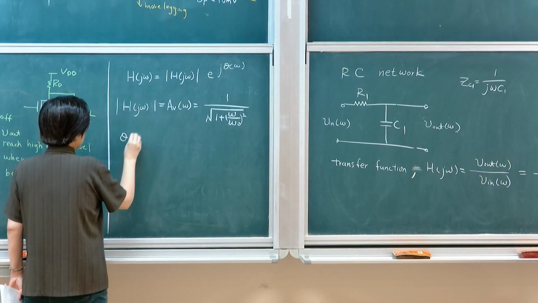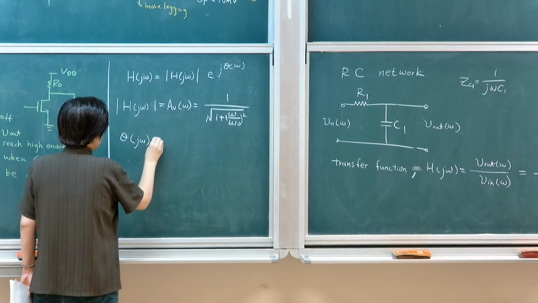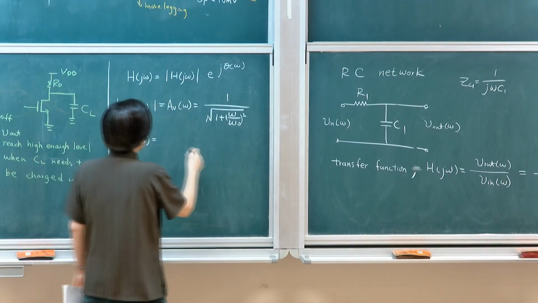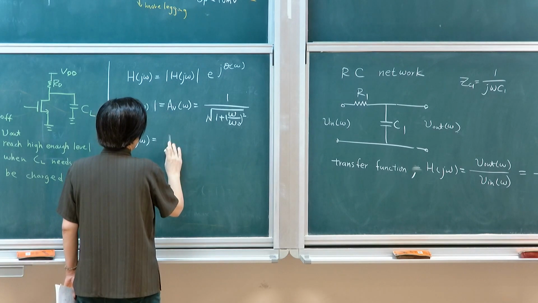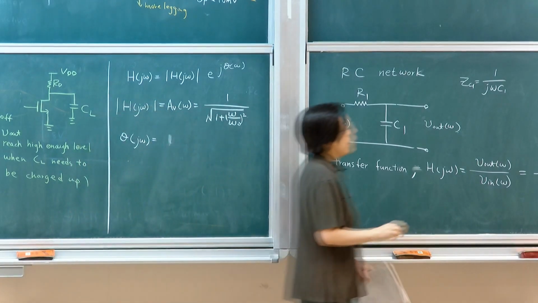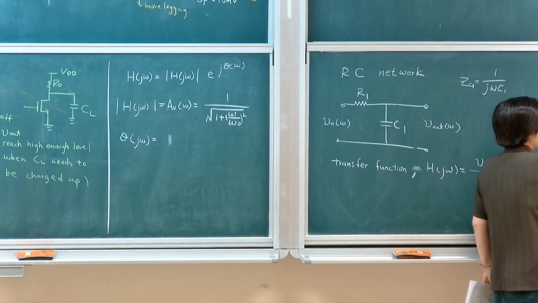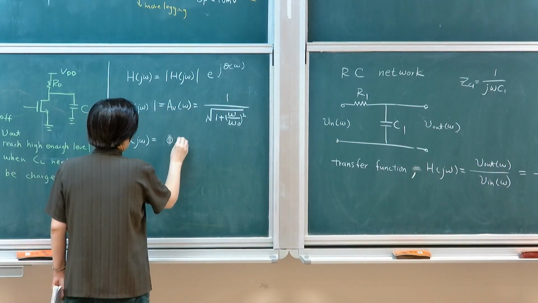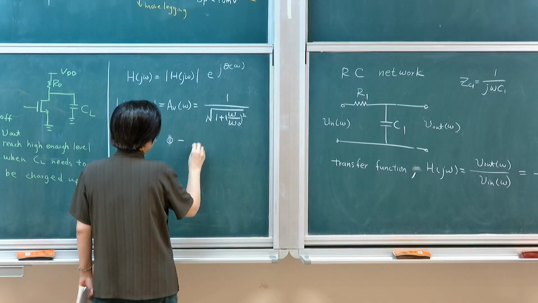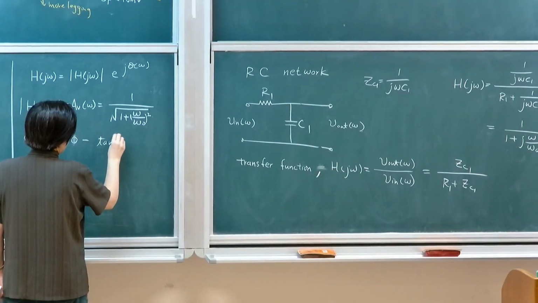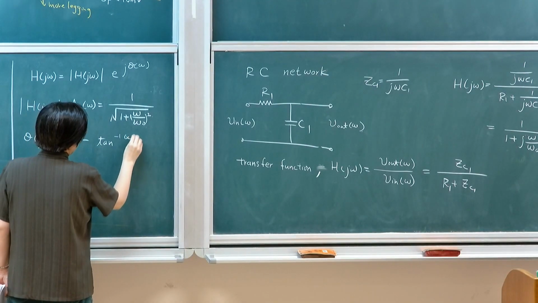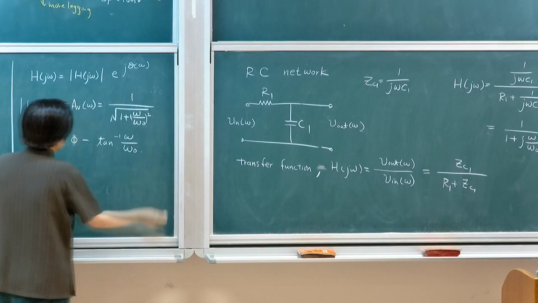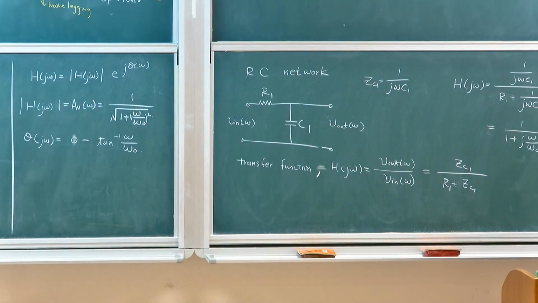And for the phase component, because it's a fraction, the phase of the numerator is 0, and the phase of the denominator is minus arctangent of omega over omega 0. These are just complex number math.